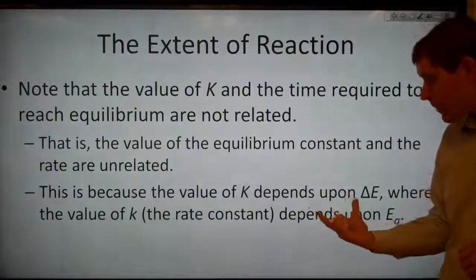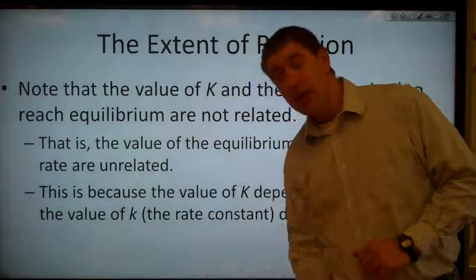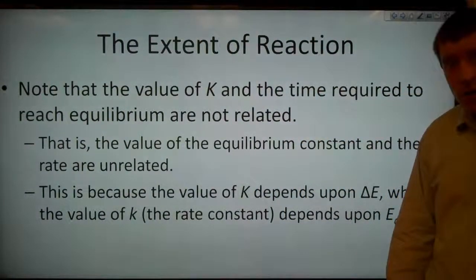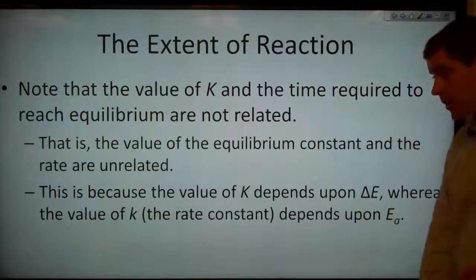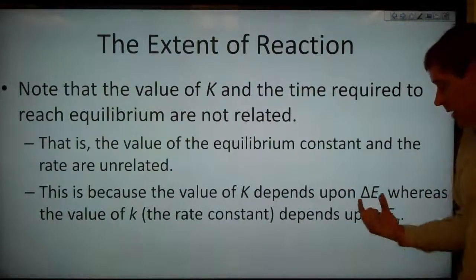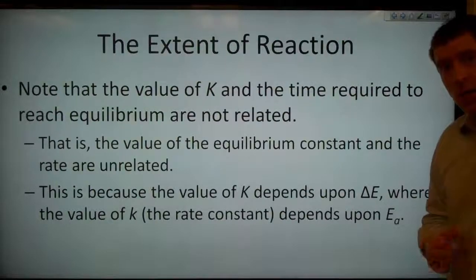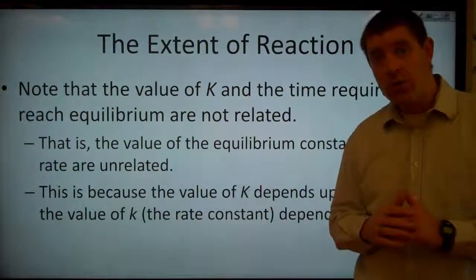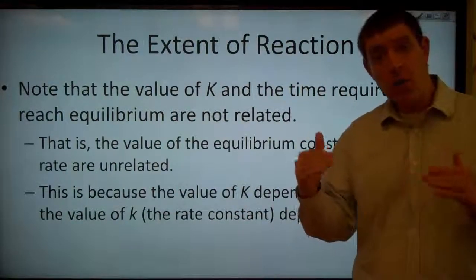So the larger the activation energy is, the lower the value of the rate constant, the slower the reaction will proceed in general. The larger the change in energy, the delta E, the larger the K value will be away from 1, either towards the reactants or towards the products, depending on which direction you're going.